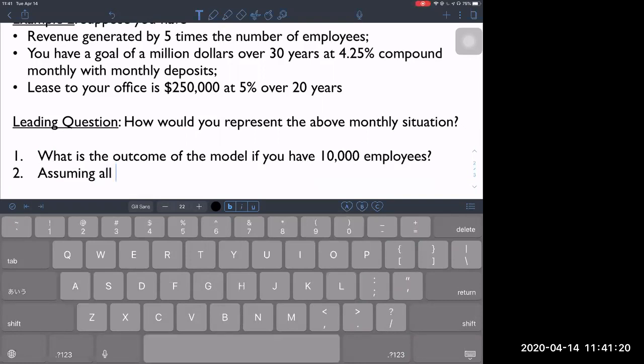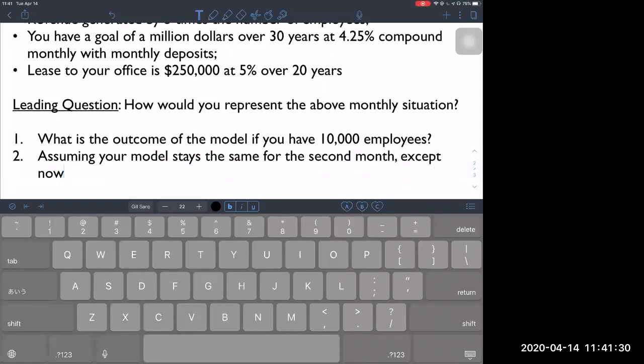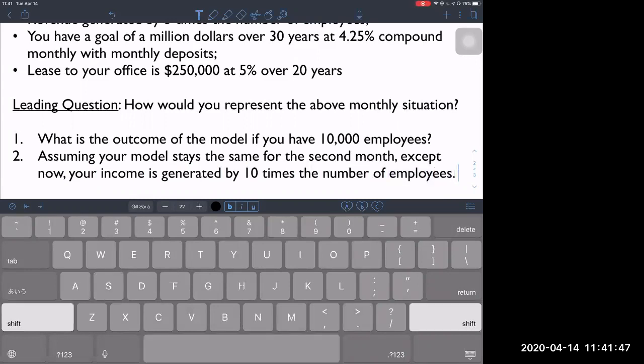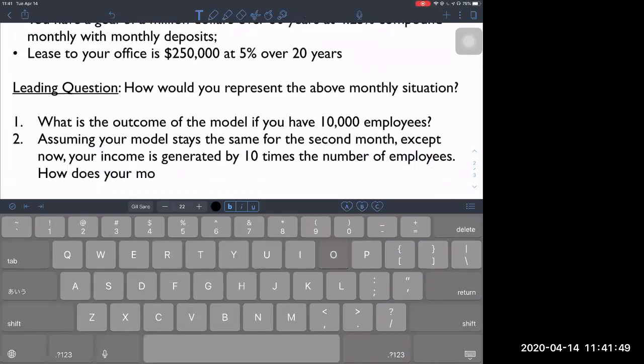Assuming the model stays the same for the second month, except now your income is generated by 10 times the number of employees. How does your model change?